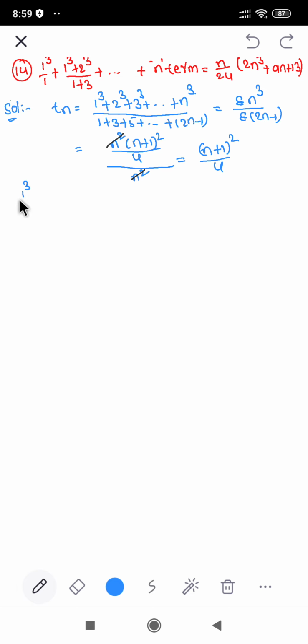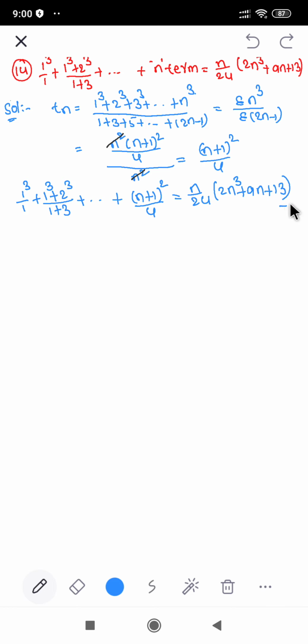Now, 1 cube by 1 plus 1 cube plus 2 cube by 1 plus 3 plus, and so on, plus n plus 1 whole square by 4 is equal to n by 24 into 2n cube plus 9n plus 13.